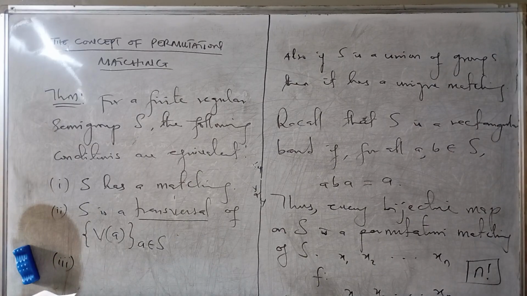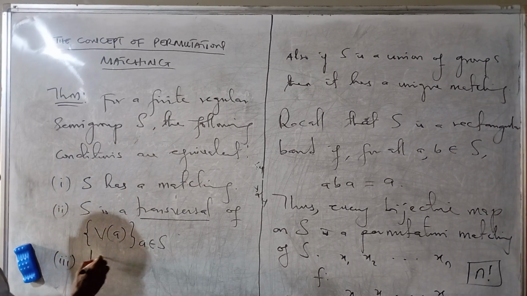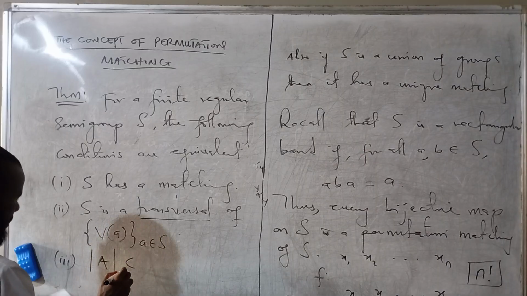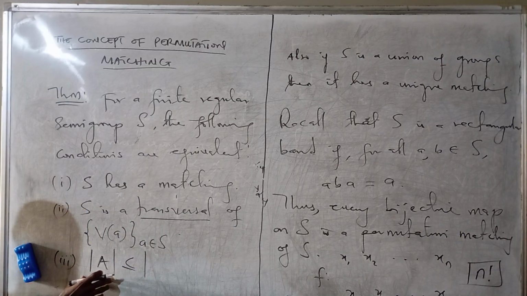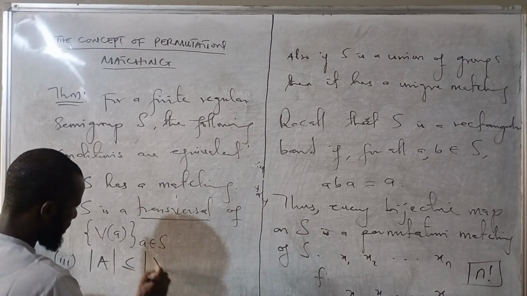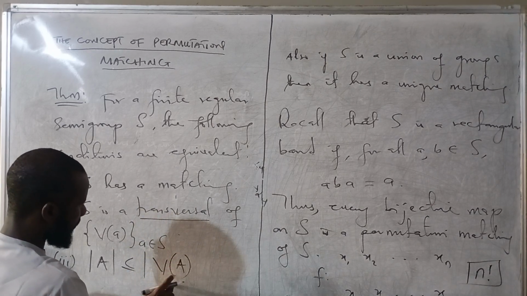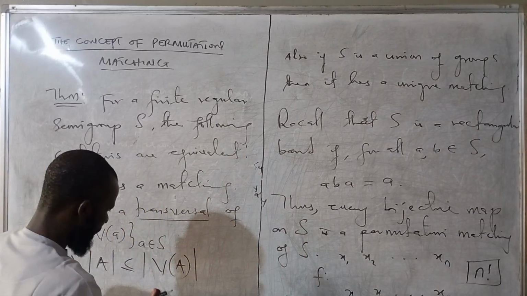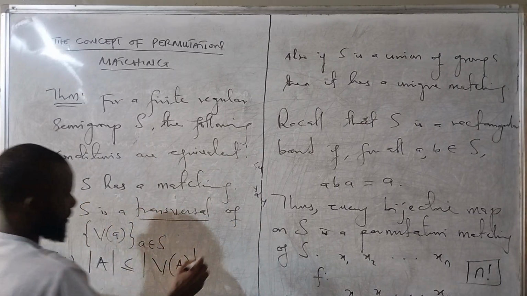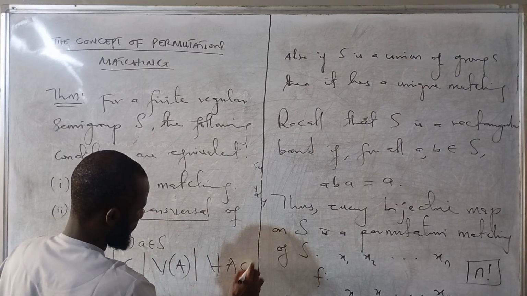And also, this is equivalent to saying that the size of any subset A is less than or equal to the size of the set of inverses of the elements in that subset, for all subsets A of the semigroup.